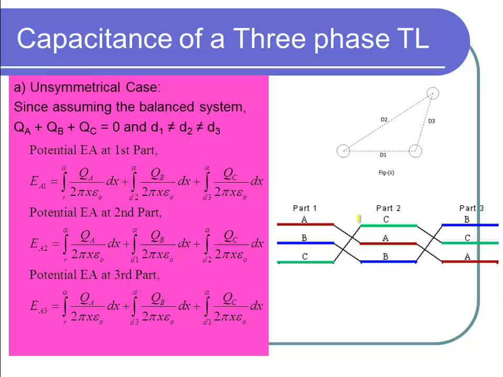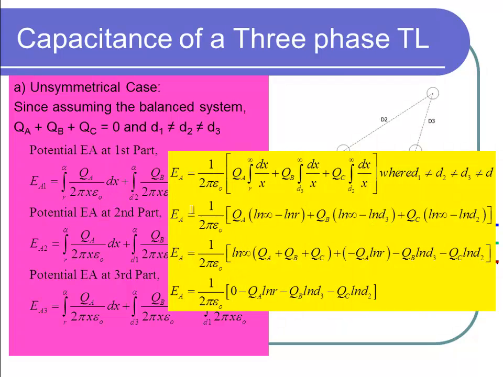Again, as in inductance, we have to calculate the electric potential for section 1, section 2, section 3, and finally take the average of the three. For EA1 this is the format, for EA2 for section 2 this is the format, and for EA3 this is the format.